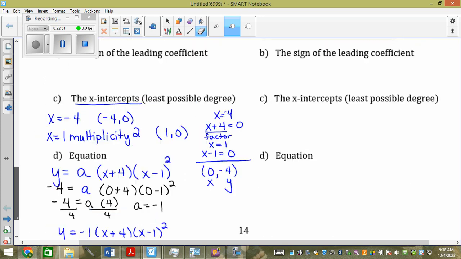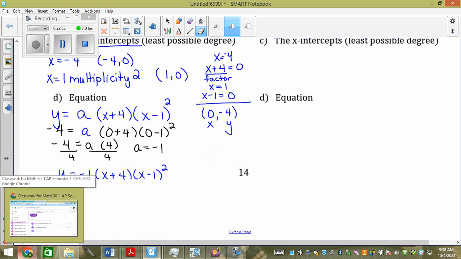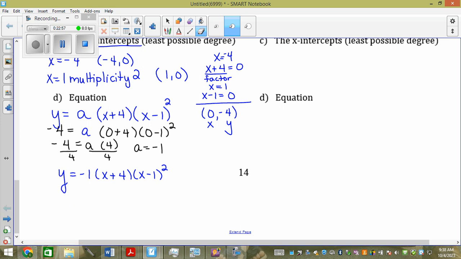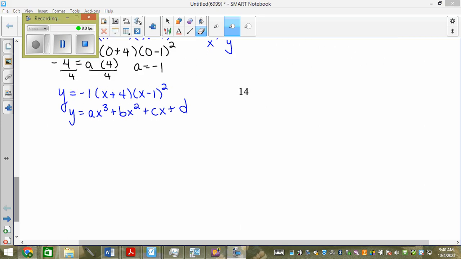Okay, cool. They didn't ask for it in this form. I'm pretending we didn't ask for it in any form. They're going to ask for it in this form. What are we going to have to do? Expand it. So try that out. Then I'm going to show you an easier way.